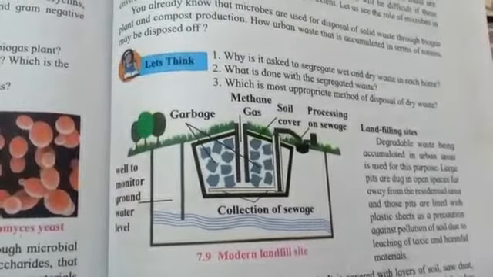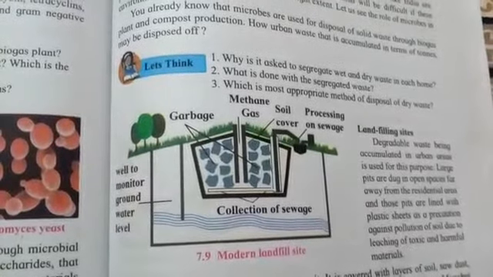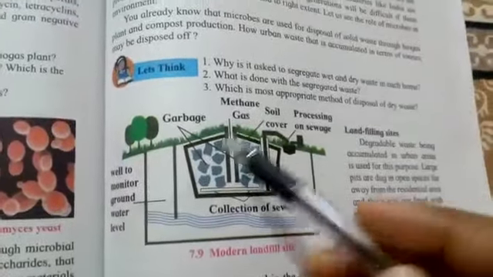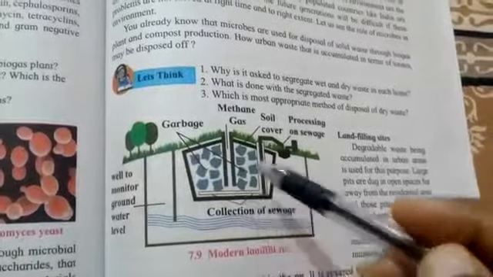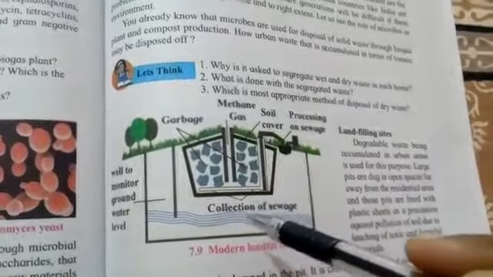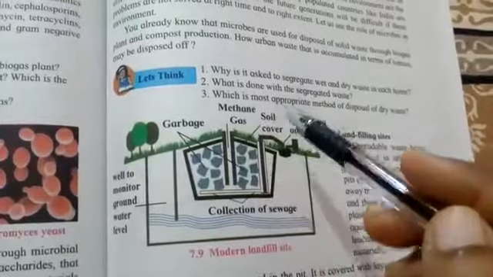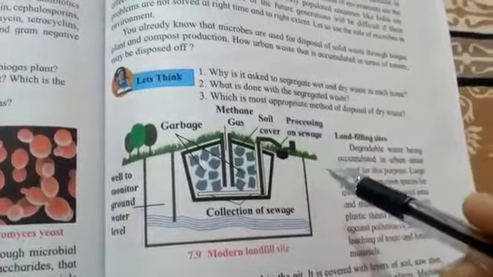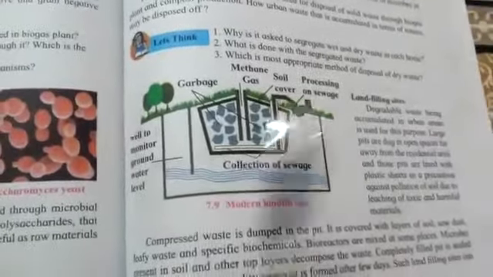What happens over here is that the sewage is collected into the biogas plant. That is known as a digester. In that, various kinds of microbes are added, and then some processing is brought about on that garbage by the microbes, that is anaerobic respiration will take place. It will release methane gas. Then that methane gas will be used for various purposes, even for the generation of electricity and so on.